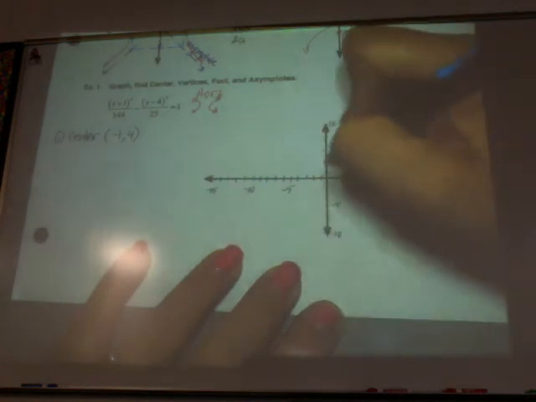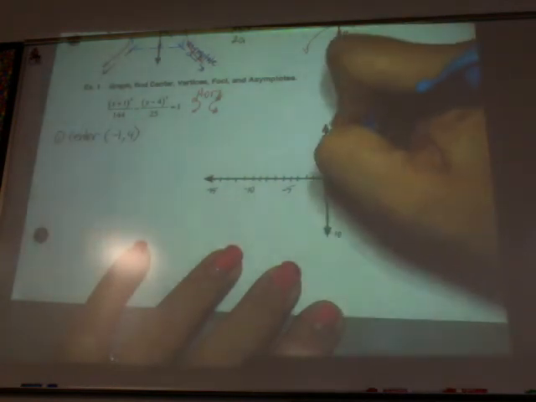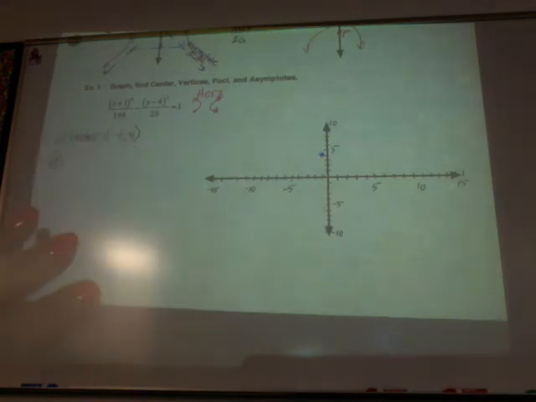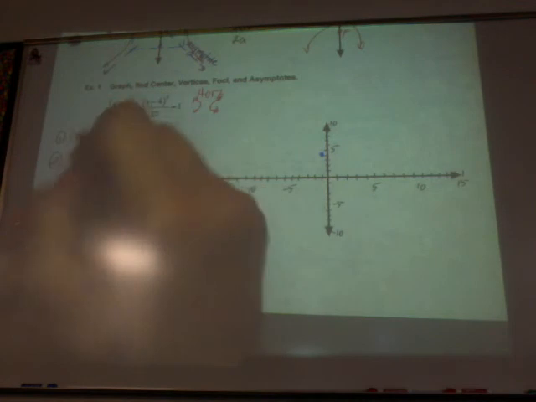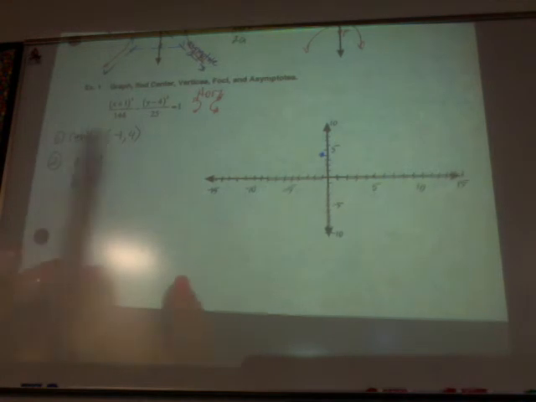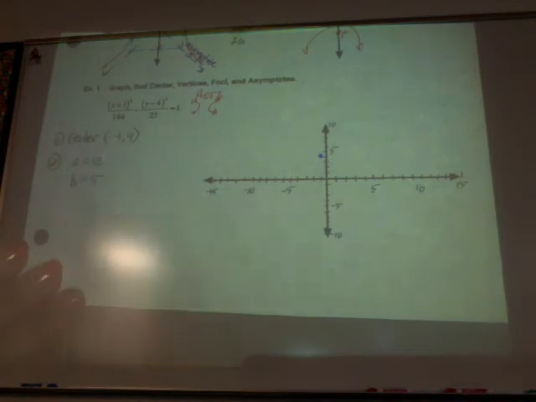I hate graphing on non-graph paper, just saying. Then find a and b. Remember, these don't change; this is a squared and b squared. What's a? The square root of 144 is 12, and what's b? 5. Because a is underneath x, I'm going to go 12 to the right and 12 to the left. Those are the left and right bounds of my rectangle.